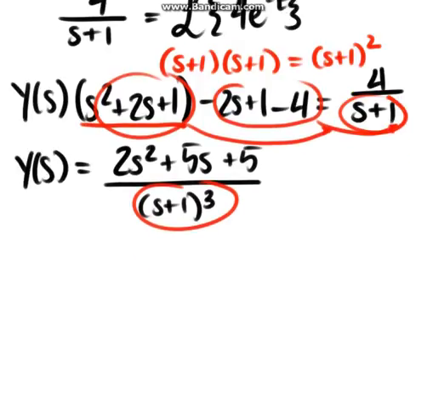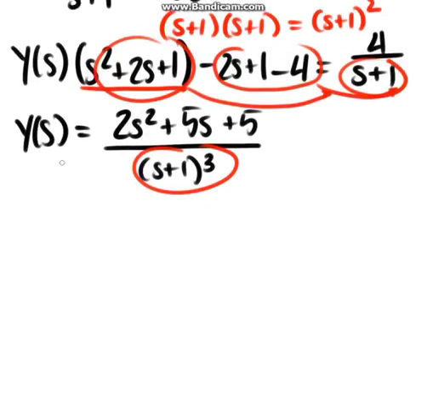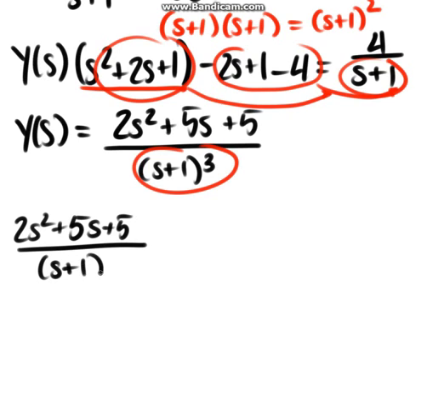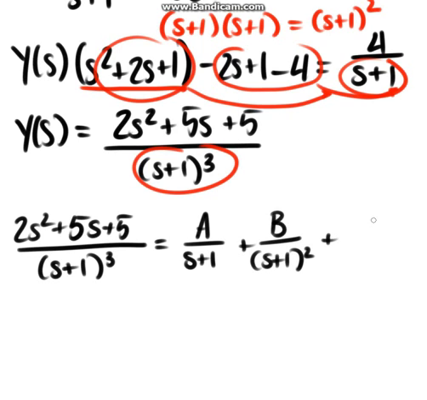Now I'm going to solve for y of t by using partial fractions. So 2s squared plus 5s plus 5 over s plus 1 cubed is equal to A over s plus 1 plus B over s plus 1 quantity squared plus C over s plus 1 quantity cubed.